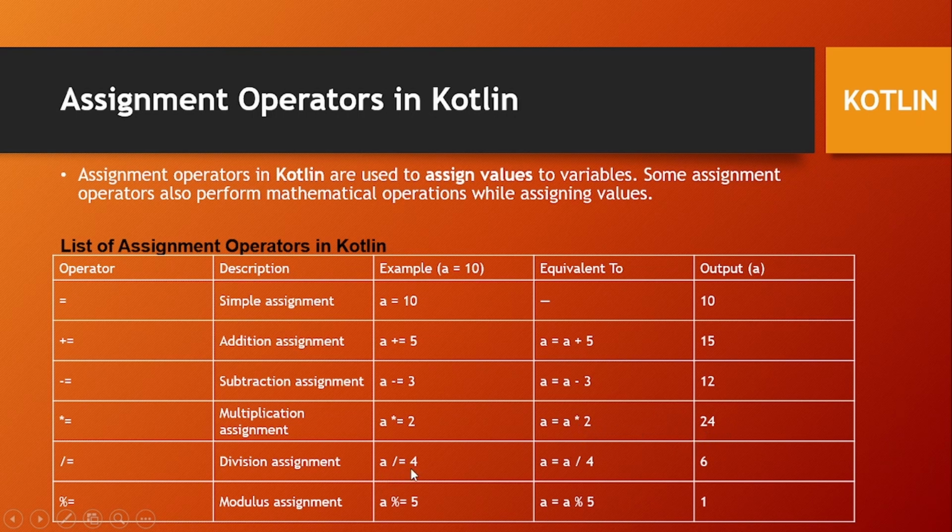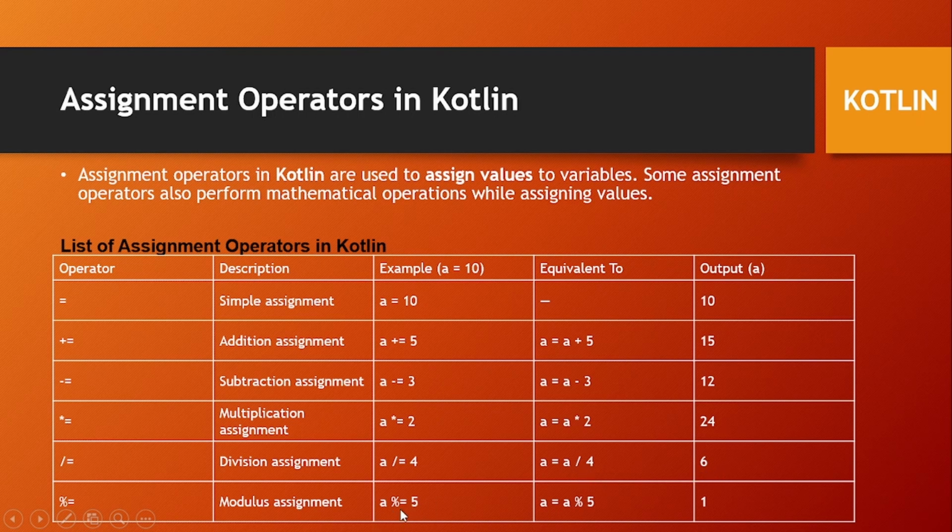Here we are dividing using the division symbol, forward slash equal to 4, which means a = a / 4, which is 6. The result will be 6.